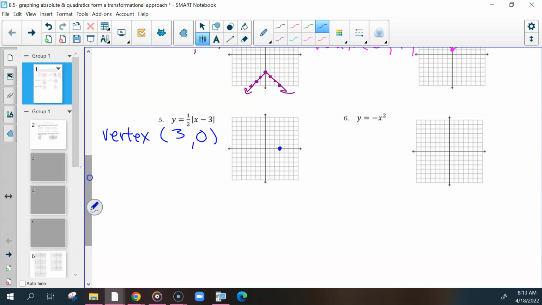Now that we're trying to graph it, that 1/2 matters. This is absolute value, so our slope is just going to be 1/2. So up 1 to the right 2, as many times as possible. And then up 1 to the left 2, as many times as possible. But match the points you have.